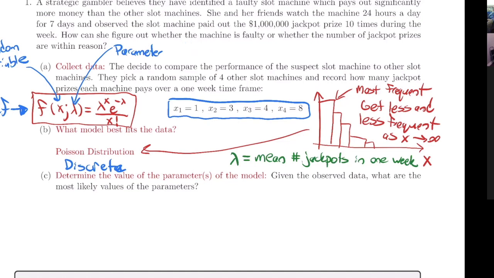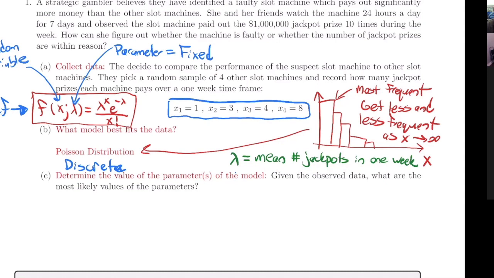Its value is fixed. It doesn't vary. And for a Poisson distribution, here's the PDF. Here, lambda denotes the mean number of jackpots in 1 week. This is a factorial over here.